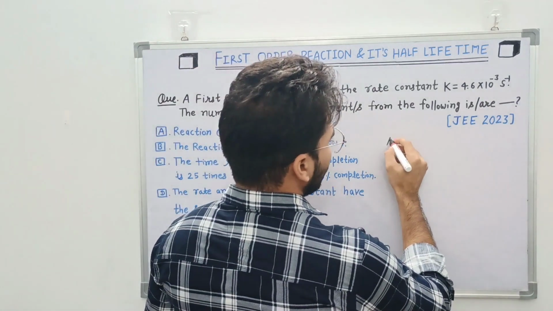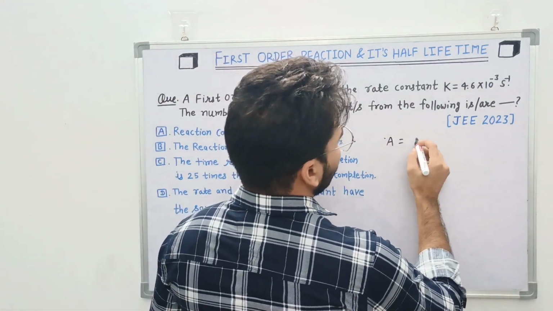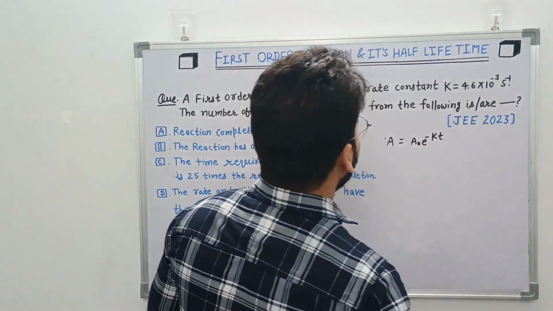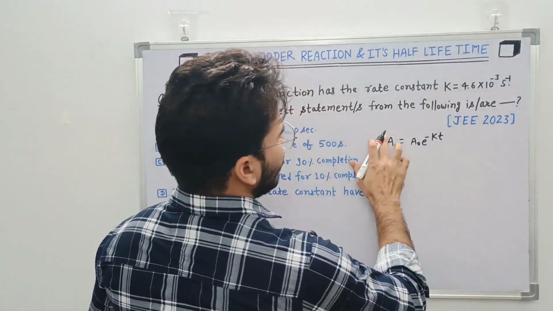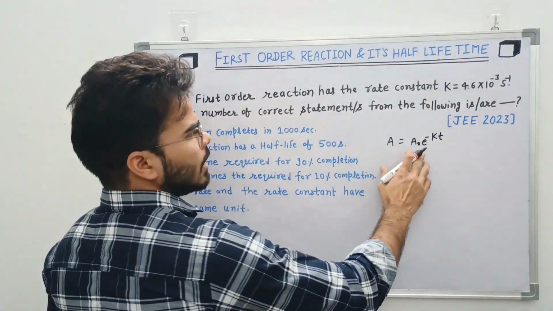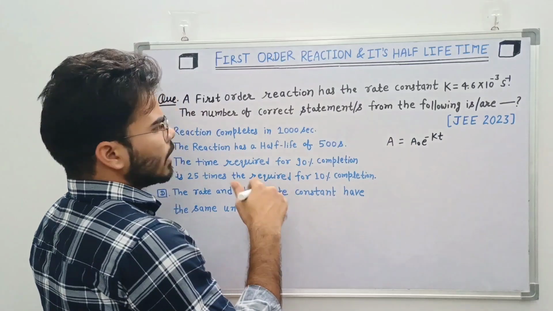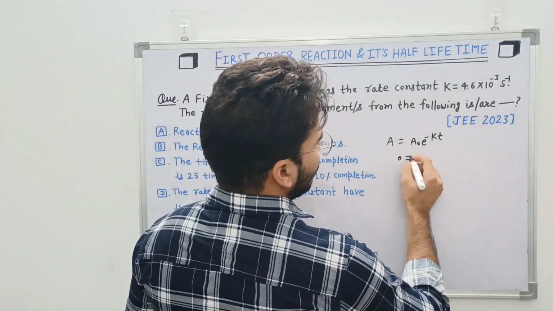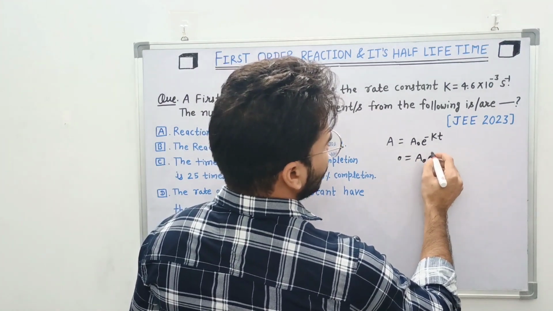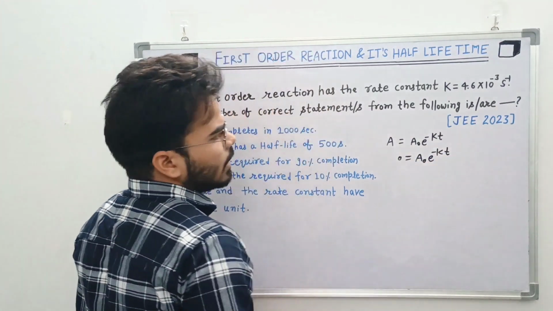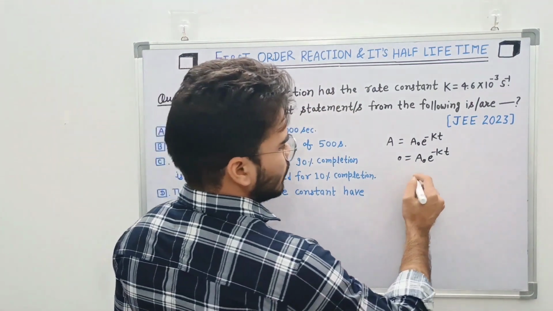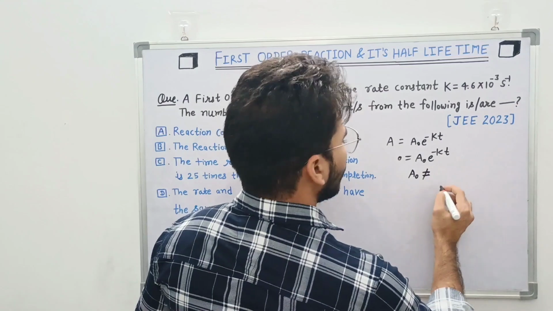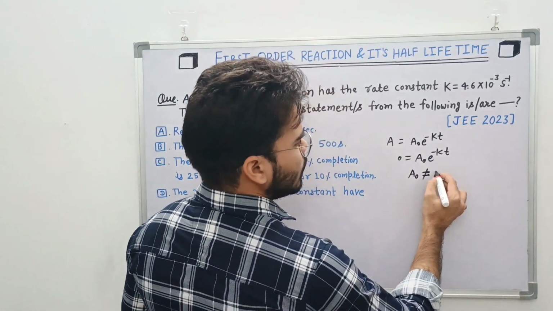We have already learned that there is an equation A is equal to A0 e to the power minus kT, where A is the final concentration and A0 is the initial concentration. When the reaction is complete, it means the final concentration should be 0. This will be 0 is equal to A0 e to the power minus kT. But we know that our initial concentration can't be 0, so A0 does not equal 0.